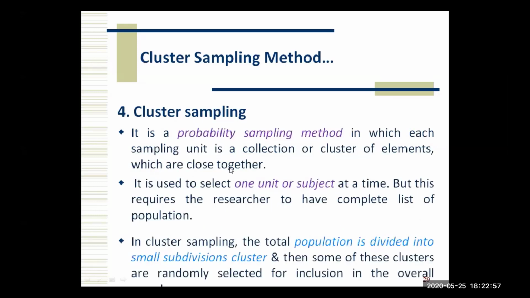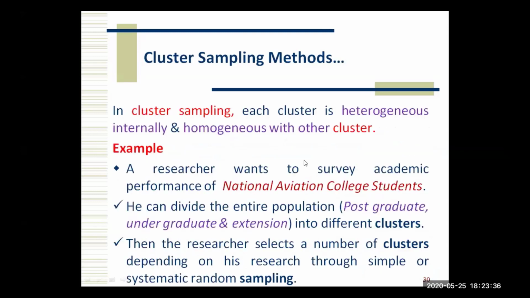Another one is cluster sampling. Cluster sampling is a probability sampling method in which you select a sample by forming clusters. This technique is quite important in selecting samples. One thing you need to know about cluster sampling is that it forms specific subdivisions of the entire population, probably from secondary information.